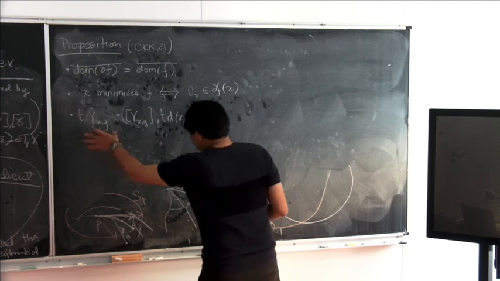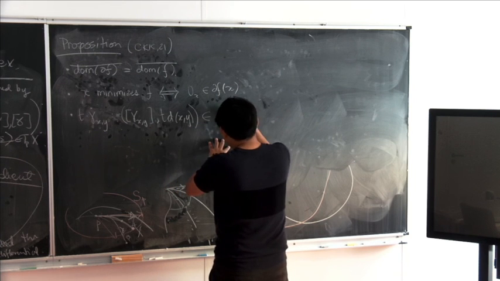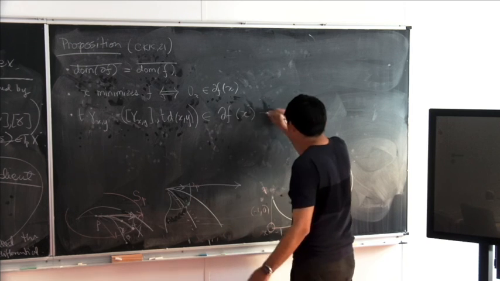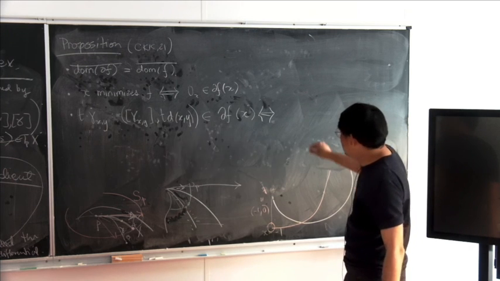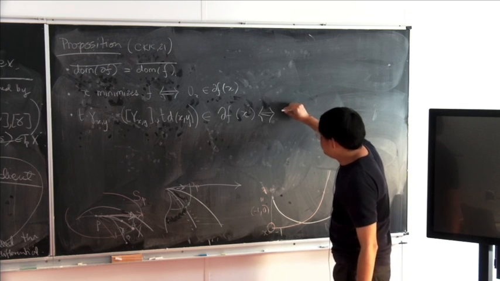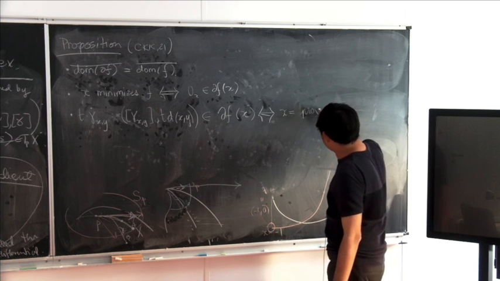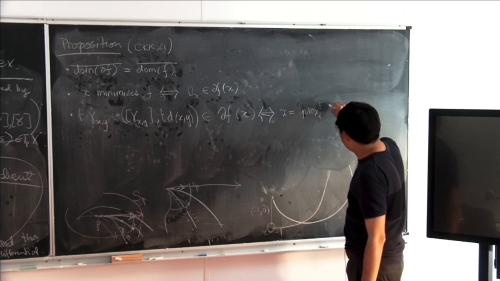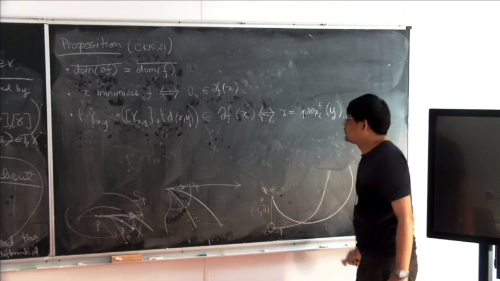This particular vector belongs to the subdifferential of f at the point x if and only if x is exactly the prox of f with parameter t of y.